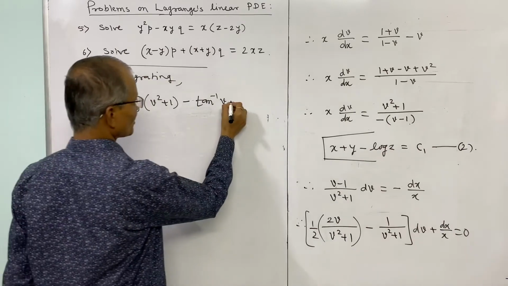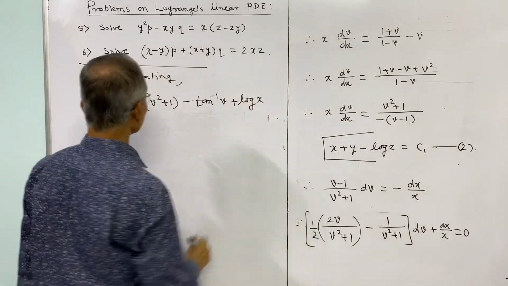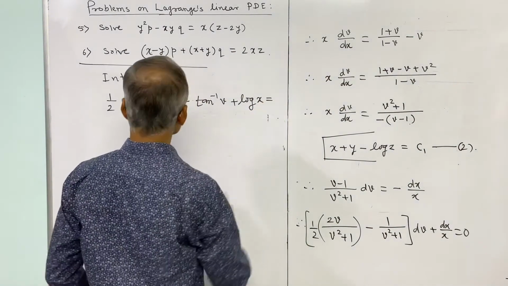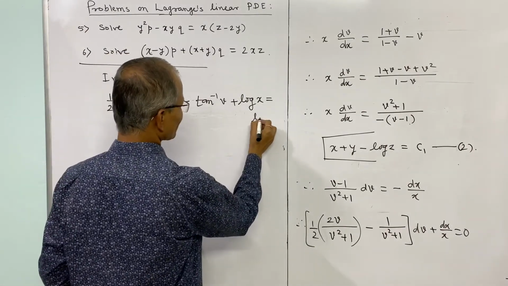And next is plus log x, since the integration of dx upon x is log x, and is equal to... because both terms are in log, we may take the constant as log of c.